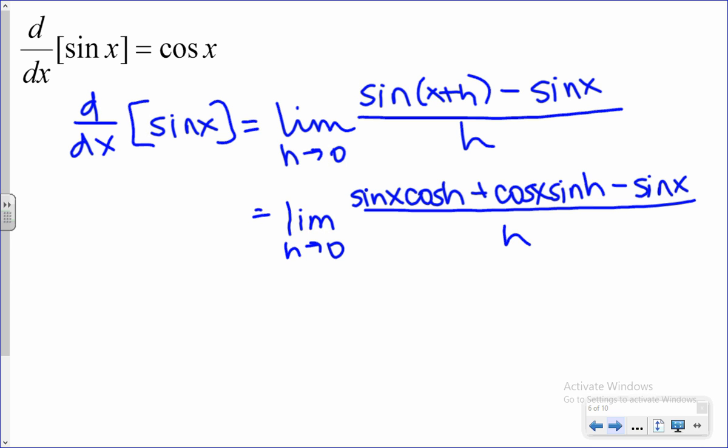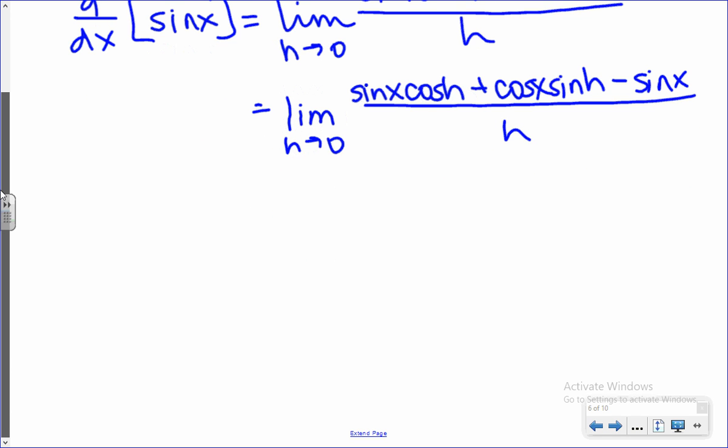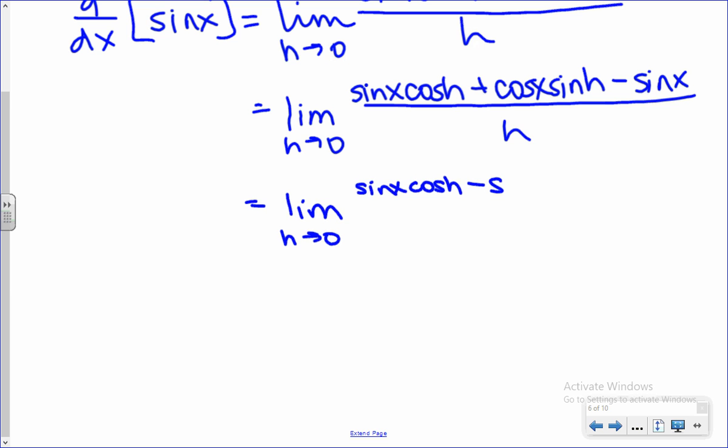Okay, but we have two terms that have a sine x in common. Do you agree? All right, so this is what I'm going to do. I'm going to rearrange this to where sine of x cosine of h is grouped with sine of x. And then I'm going to separate cosine of x sine of h.